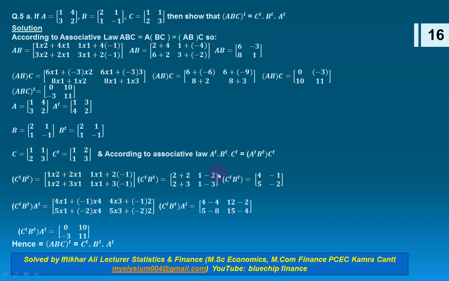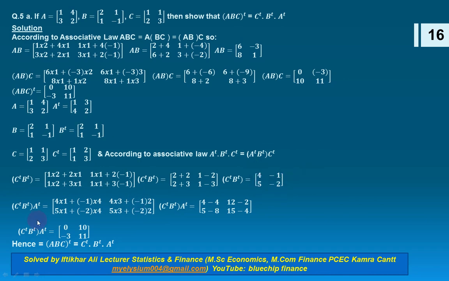First of all, we multiply C transpose by B transpose, and the method is the same as we defined earlier. The result is 4 minus 1, 5 minus 2.